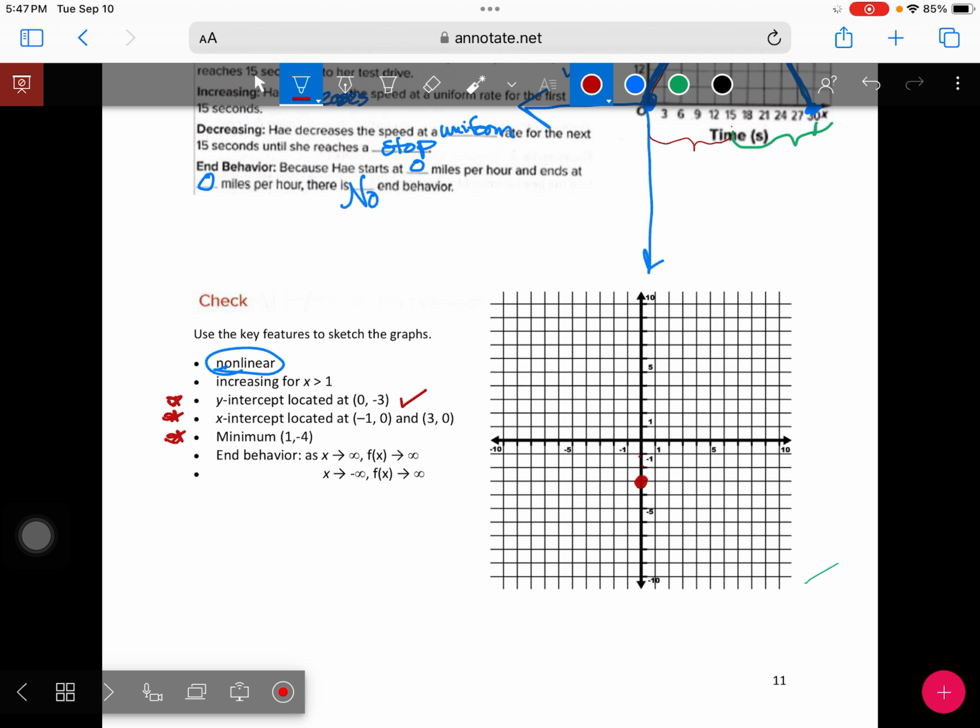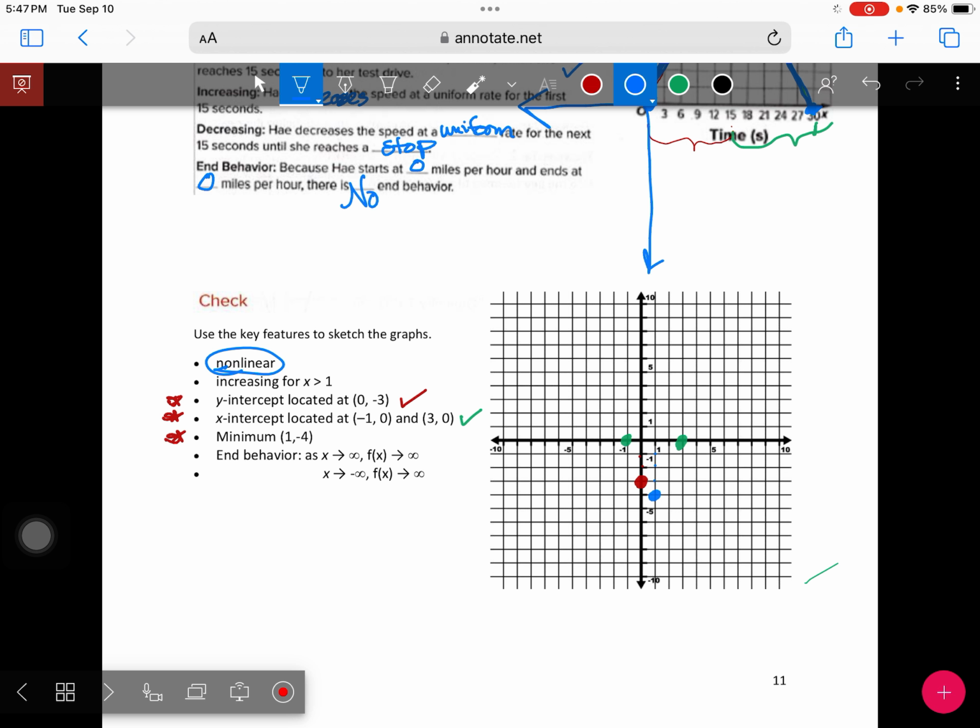That's my y-intercept. X-intercept at (-1, 0) and (3, 0). 1, 2, 3, 0. Okay. A minimum at (1, -4). Minimum at (1, -4). 1, 2, 3, 4.